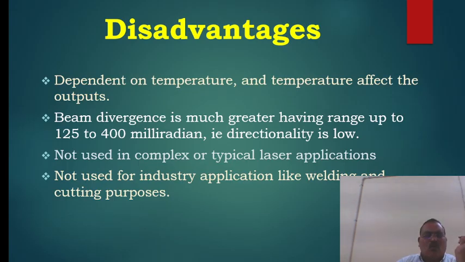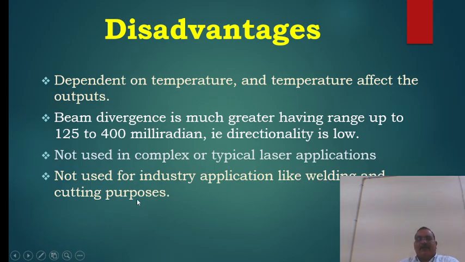What are the disadvantages? They depend on temperature. The beam divergence is much greater, 125 to 400 milliradian, that is, directionality is low. They are not used in complex or typical laser applications, nor for industry like welding and cutting.